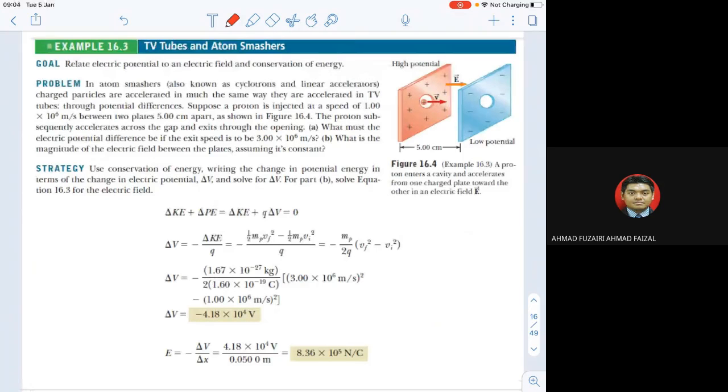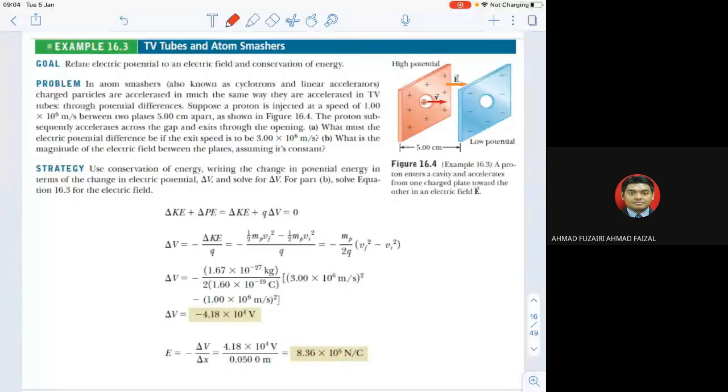In atom smashers, also known as cyclotrons and linear accelerators, charged particles are accelerated in much the same way they are accelerated in TV tubes, through a potential difference.